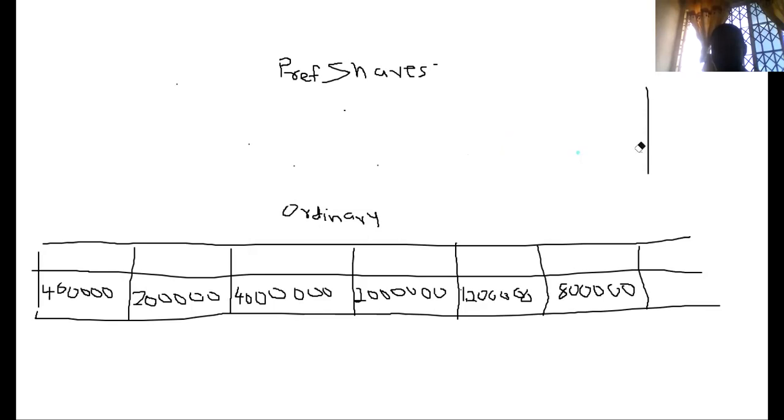So on application for the preference shares, we're going to credit this account by 3,240,000.